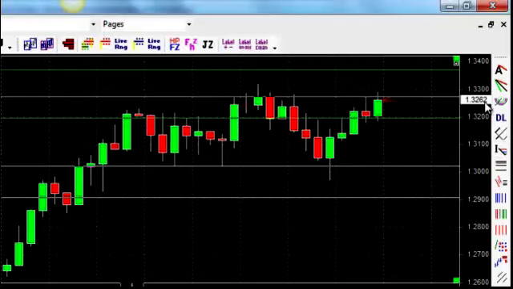So every one of these, like you see, this is the euro US dollar, which is at 1.3262, which means it takes 1.3262 US dollars to buy 1 euro.